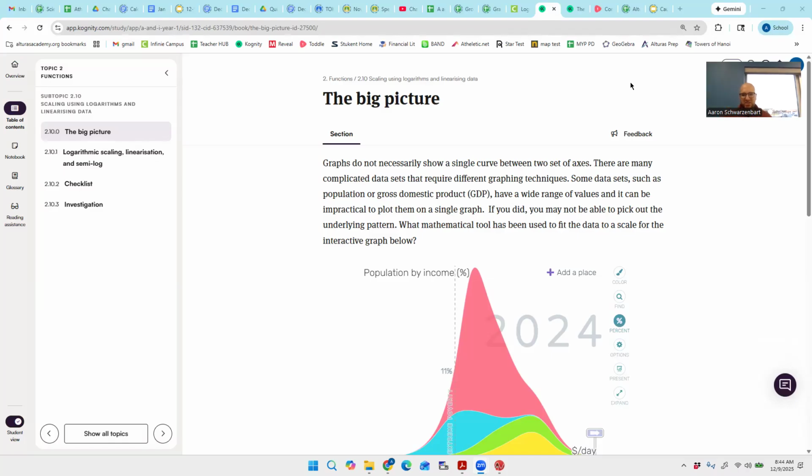So this lesson is all about taking nonlinear data and making it linear. And we do that essentially by taking our X, our Y, or both sets of coordinates and taking the log of each one.